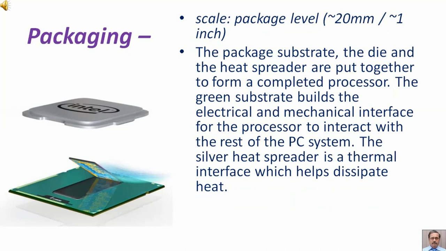Packaging. The package substrate, the die and the heat spreader are put together to form a completed processor. The green substrate builds the electrical and mechanical interface for the processor to interact with the rest of the PC system.